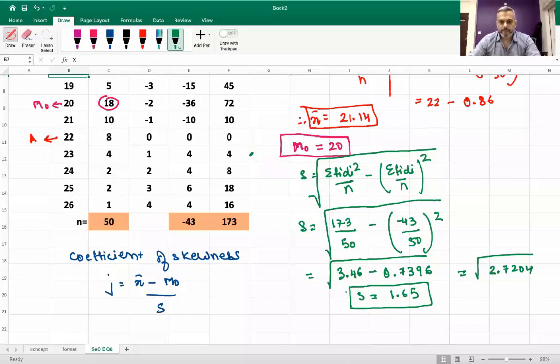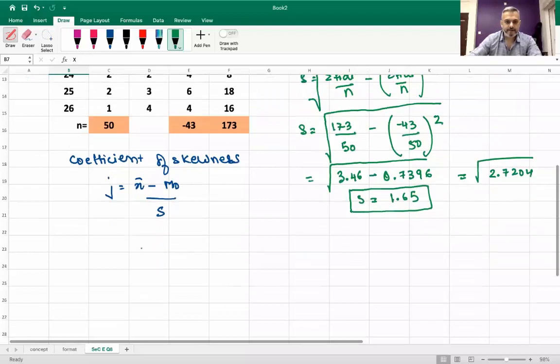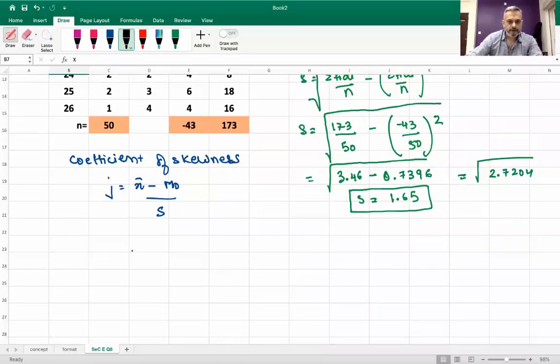Now we have got mean, we have got mode, we have got standard deviation. So you come to the formula.